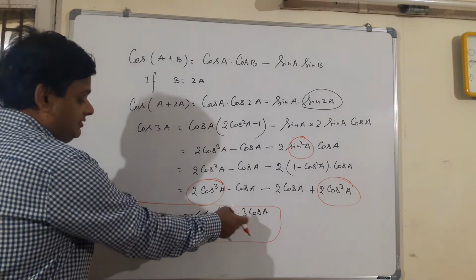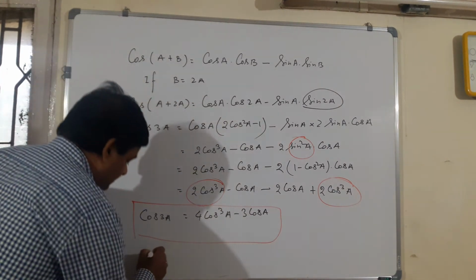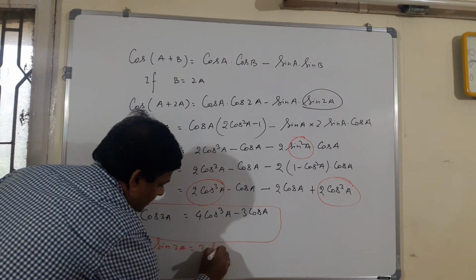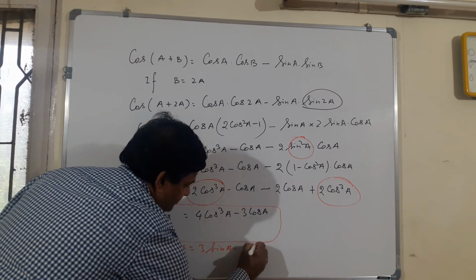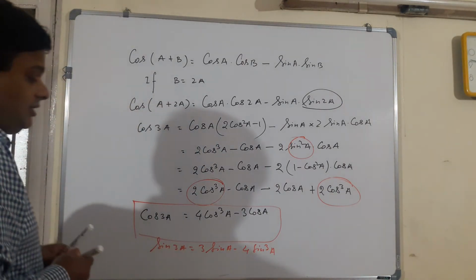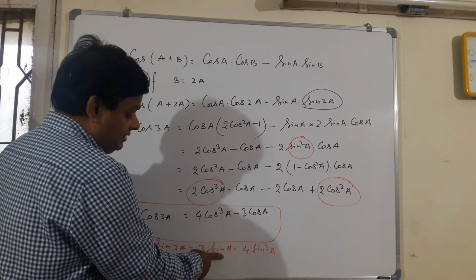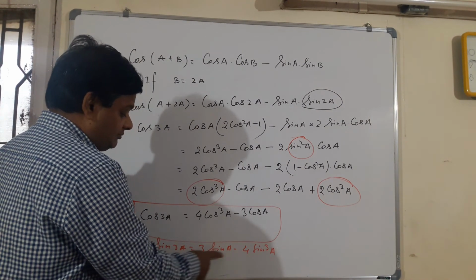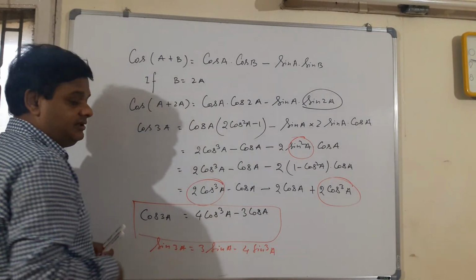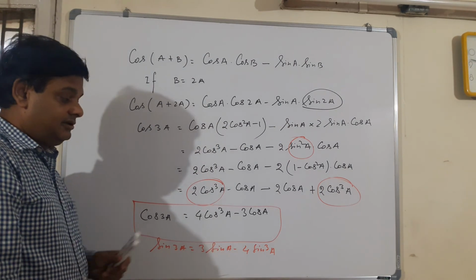Just change the position: in place of sin, put cos, so it becomes 3 cos a and 4 cos cube a, and change the sign, and you will get this one. So keep this formula in mind like this.